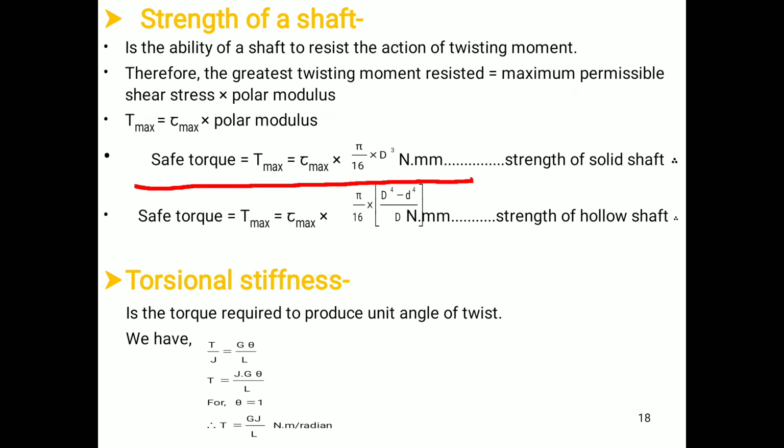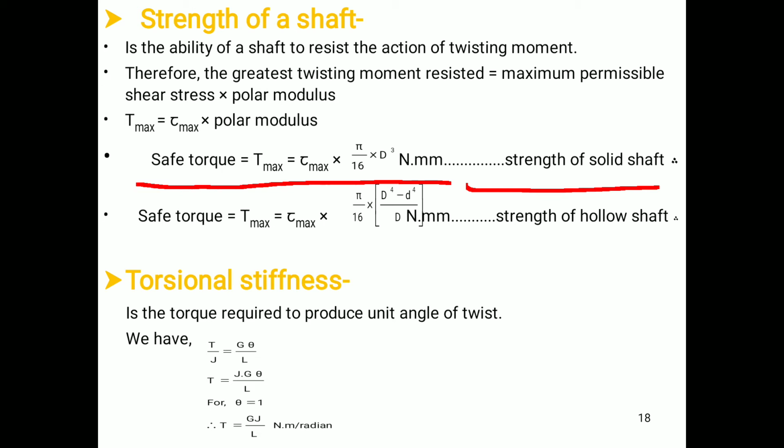Therefore, for the solid shaft, torque is equal to tau maximum into pi by 16 into D cube. The unit is Newton mm, because tau max is in Newton per mm square, whereas the polar section modulus will be in mm cube. So mm cube upon mm square will remain mm, so the unit will be Newton mm. This is the strength of the solid shaft.